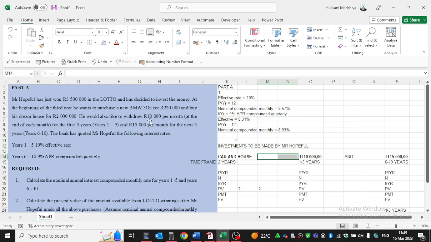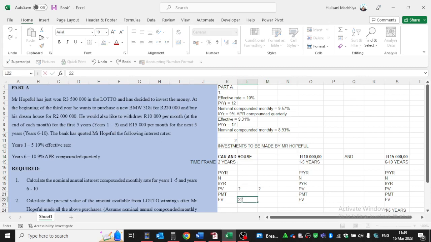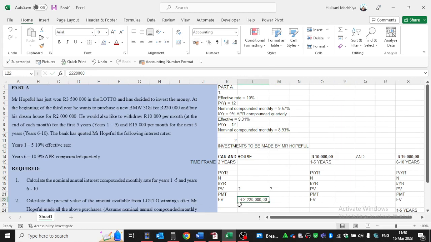But for us to calculate the accurate amount that should be invested for him to have 220,000 and 2 million, it is as follows. From the car and house, we know that he needs 2 million 220,000 as the amount that he will need to buy his house and the car at the end of 2 years.